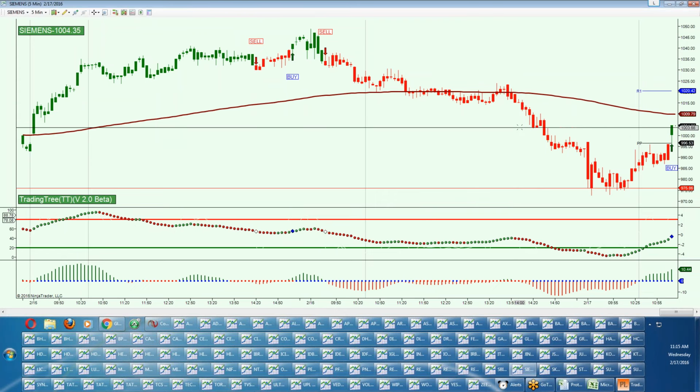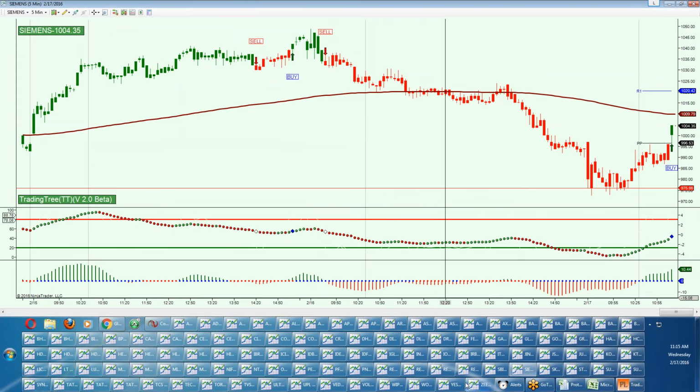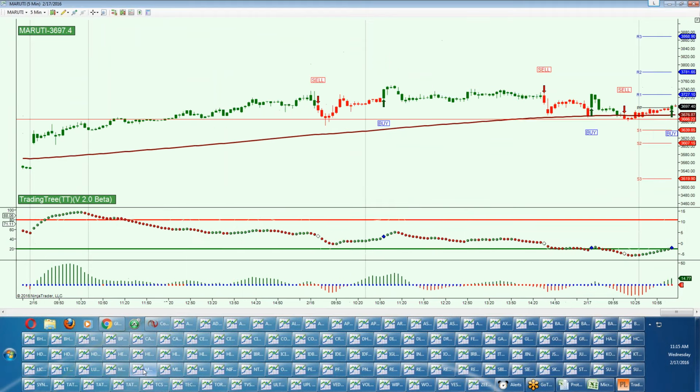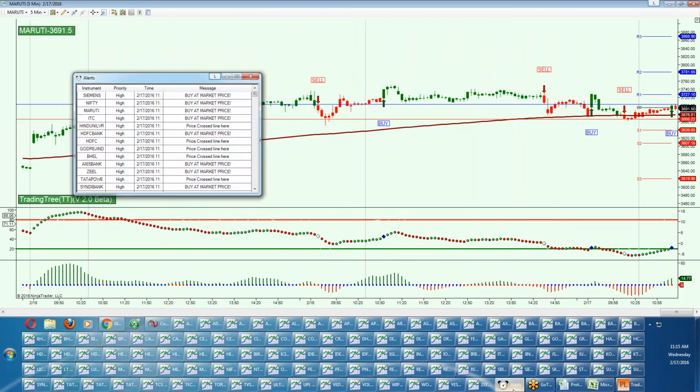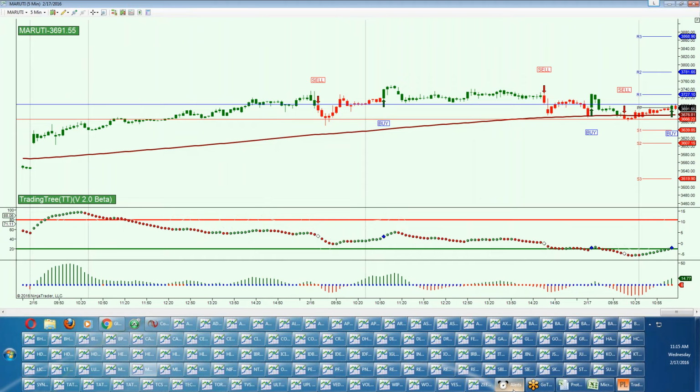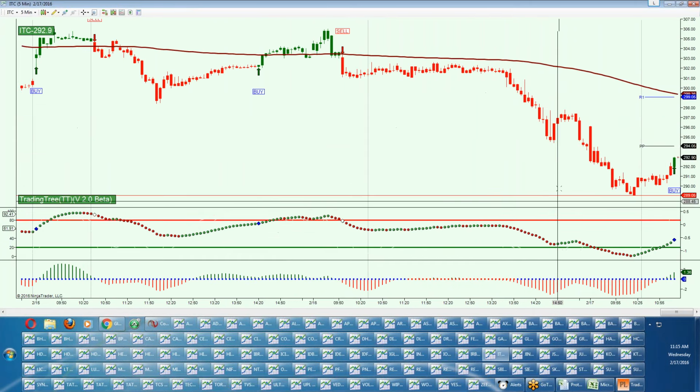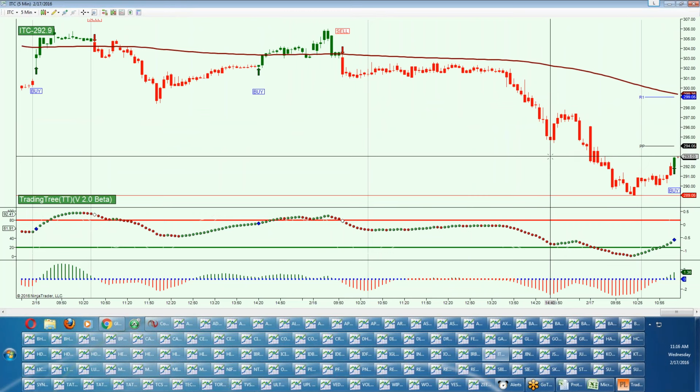Sometimes we can pick this call, but for a very small profit. $3703 for Maruti. $293.10.